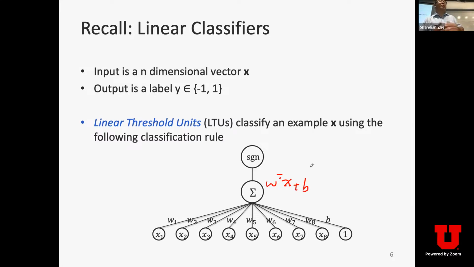This is just a graphical representation of how we compute this classification score. Next, this node will send the score to the next node, and this next node will apply a sign function over that. The sign function tells us how we give the final prediction. That's it. This is a simple graphical illustration of how we conduct linear classification.